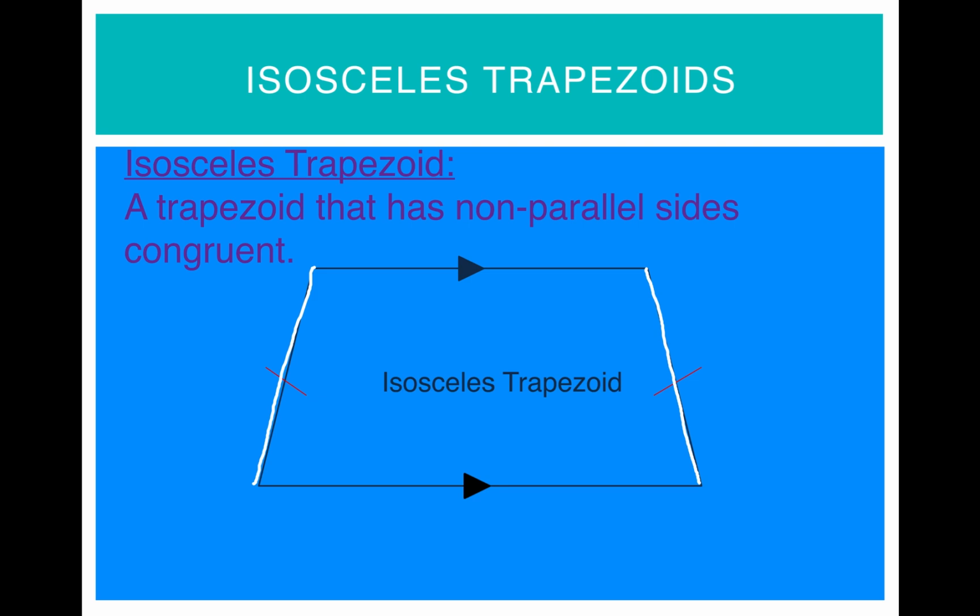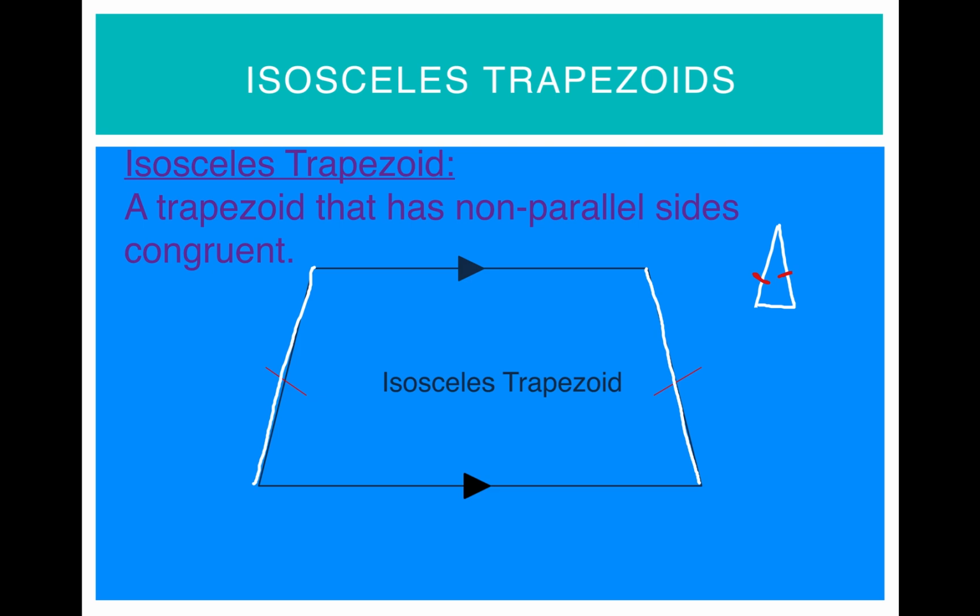I like to connect this definition back to what I know about an isosceles triangle. An isosceles triangle, if you remember, has a base and two sides that are congruent. Same with an isosceles trapezoid.